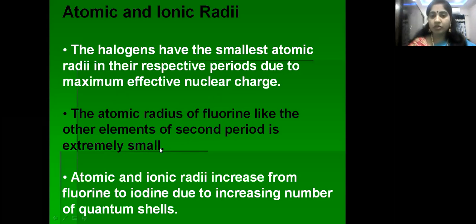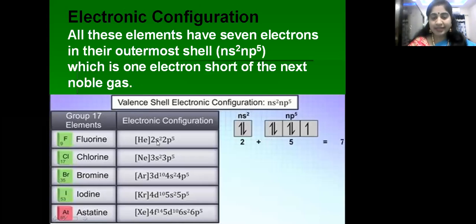When compared with the remaining elements of the 17 group, fluorine, chlorine, bromine, iodine, fluorine is having very small size because it is present at the top, because from top to bottom in a group size increases because the number of shells increases, as we have seen here. The second shell is the outer shell for fluorine, the third shell for chlorine, the fourth shell for bromine, the fifth shell for iodine, and for astatine it is the sixth shell. So if you move from top to bottom in a group, then what happens?